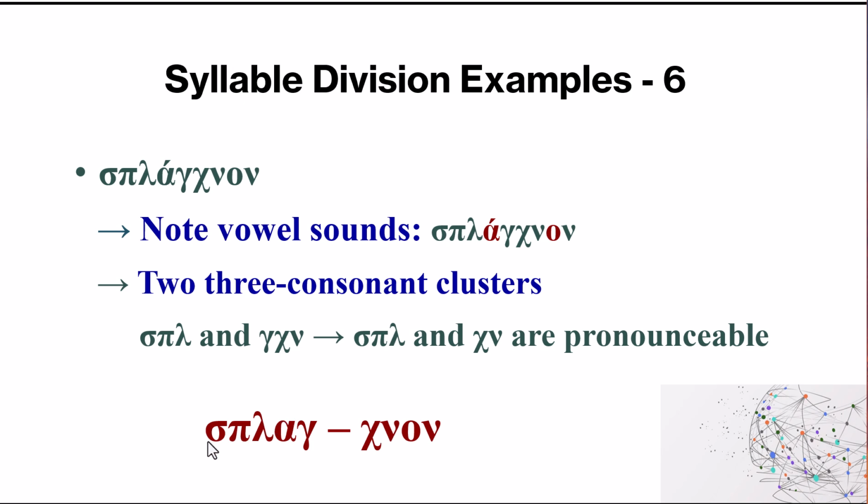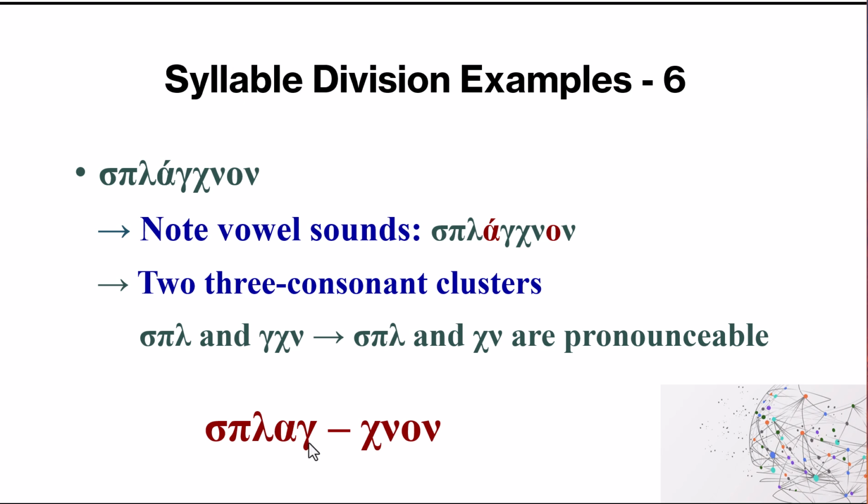We've got the sigma p lambda that begins this, and the gamma then is split from this consonant cluster that's pronounceable, because that's also treated like a consonant. So we split between the consonant or consonant equivalents. The gamma at the beginning of the cluster goes with the previous syllable, and then the chi nu goes with the following syllable.